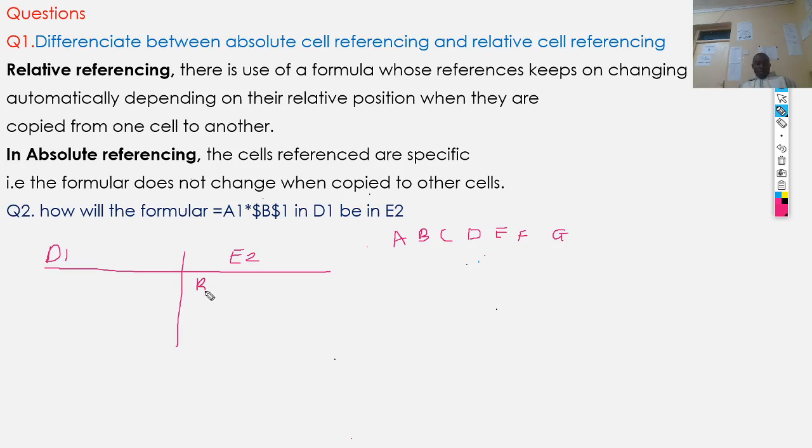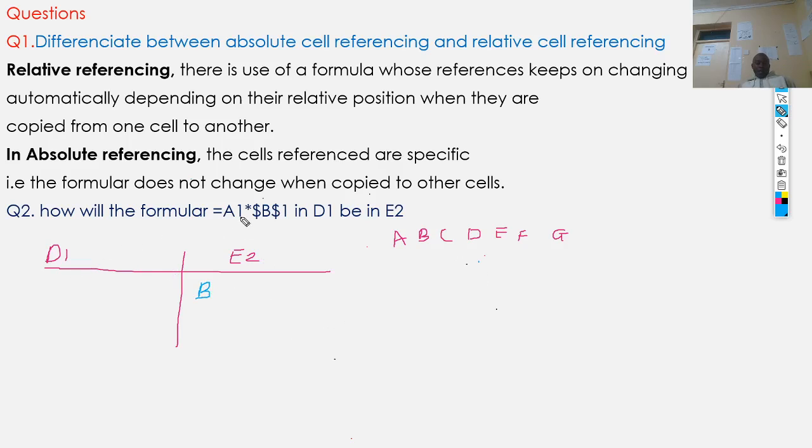The formula will be B. Now I think of the number.